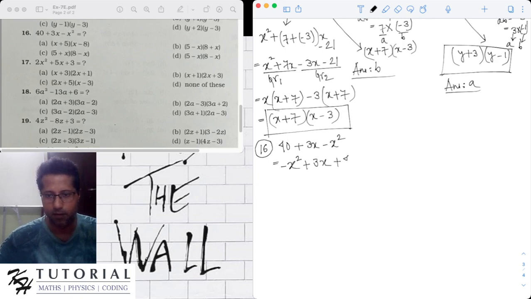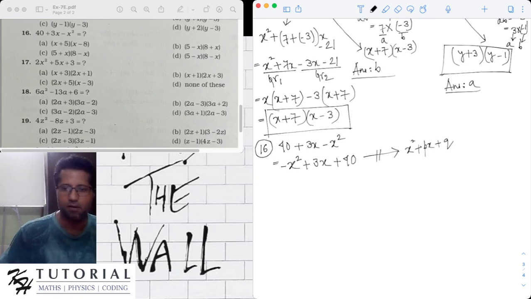plus 40. Now remember that this is not of the form x square plus px plus q, because we have minus x square. It is not x square.